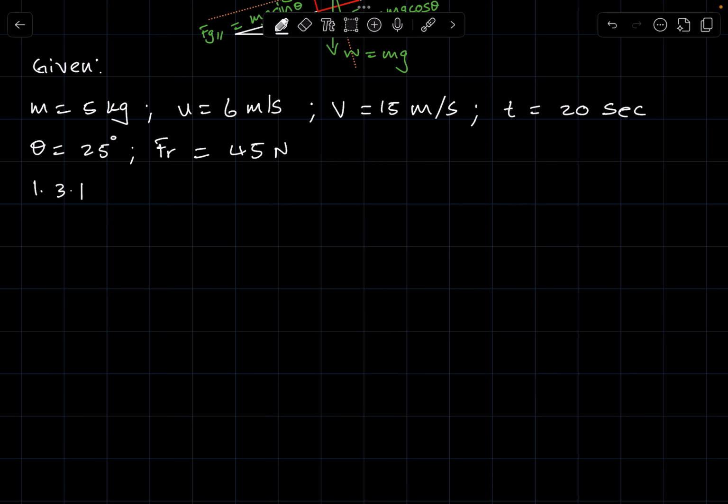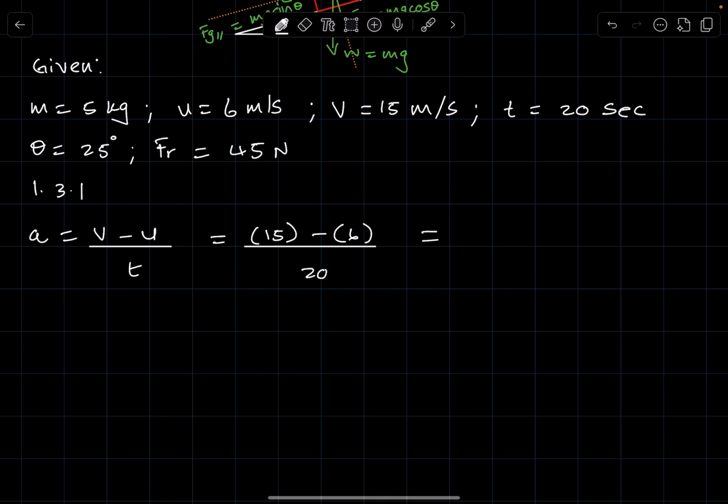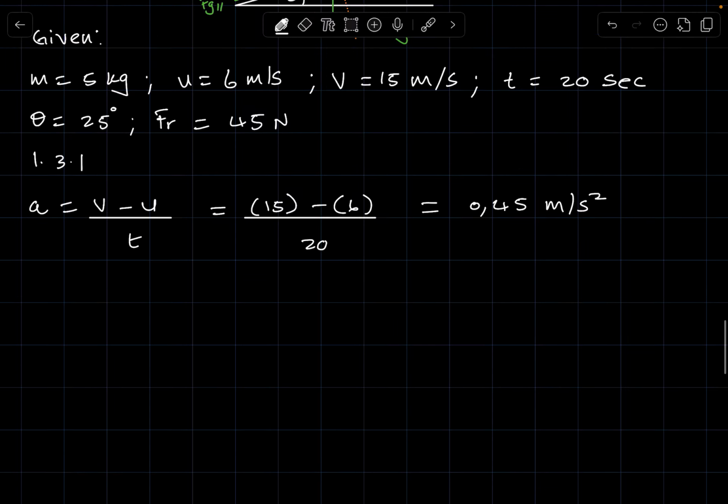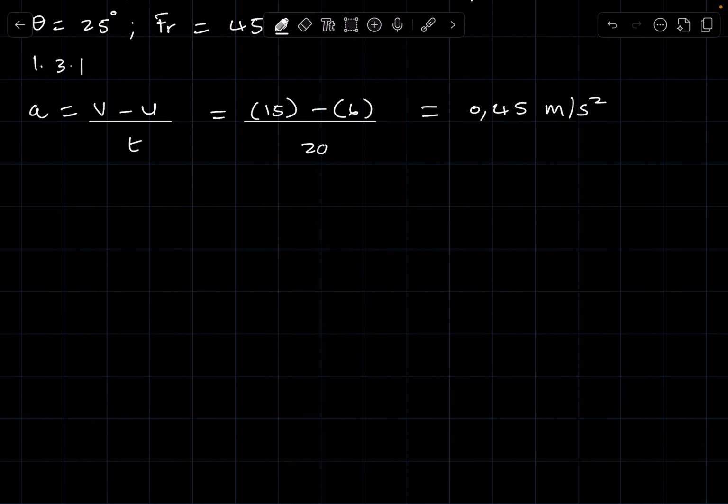So using equations of motion, acceleration is equal to final minus initial divided by t. The final velocity is 15 meters per second, initial is 6, divided by the time, 20 seconds. If you punch this in your calculators, you're going to get 0.45 meters per second every second. That's 1.3.1.